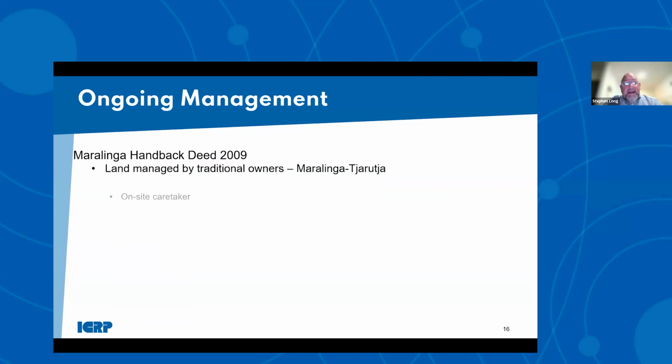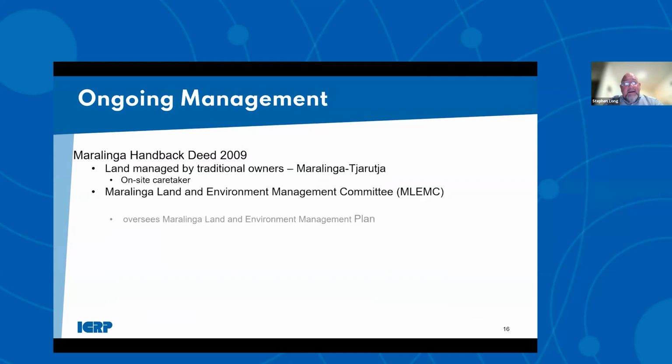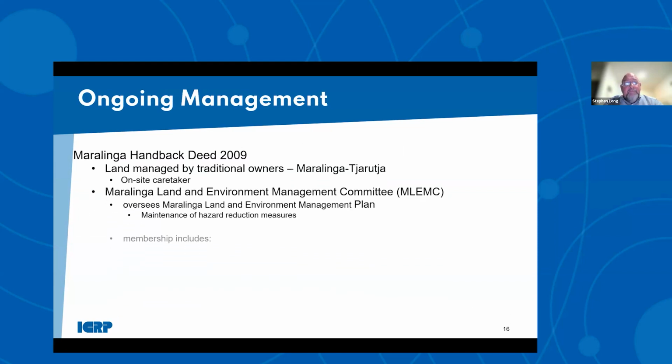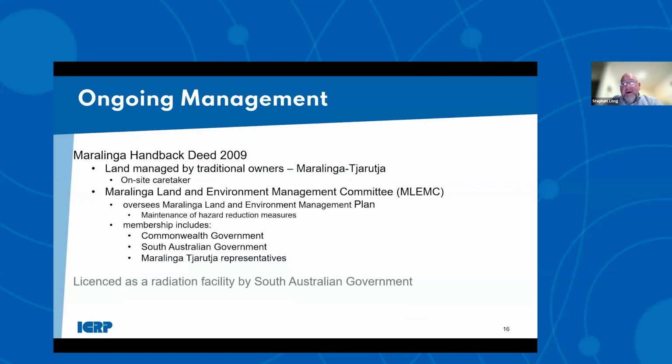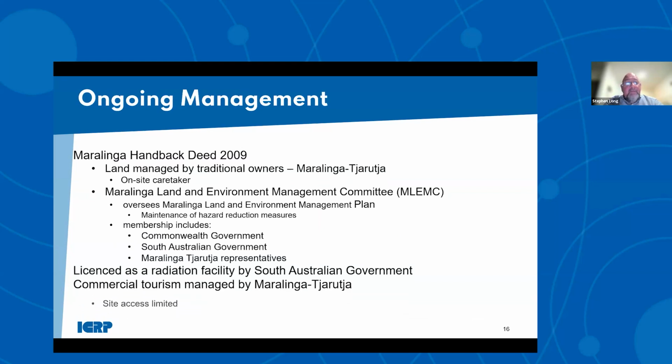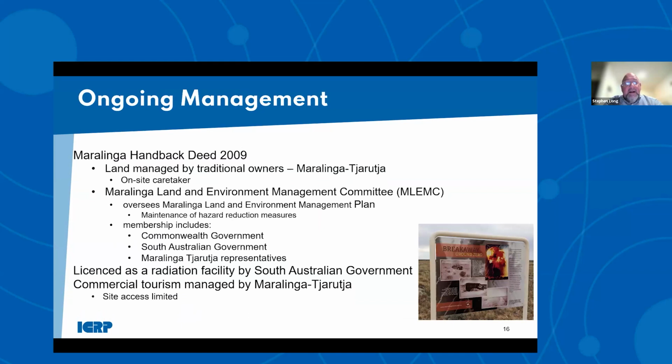Ongoing management of the land is via the Maralinga handback deed in 2009. That provides that the land is managed by traditional owners, the Maralinga Tjarutja, and they provide an on-site caretaker for that. The Maralinga Land Environment Management Committee was formed in 2009 and took over from the Maralinga Consultative Group.